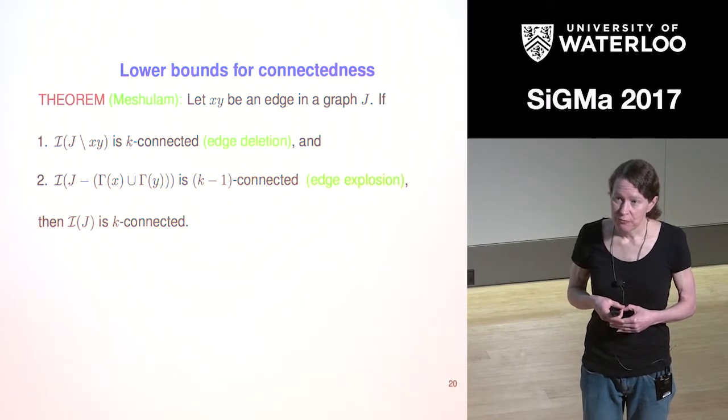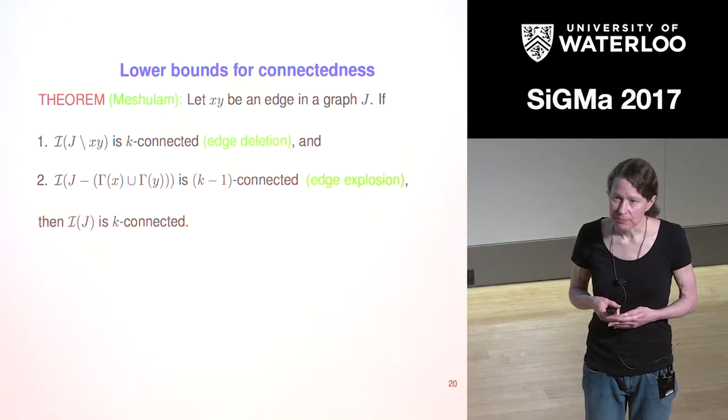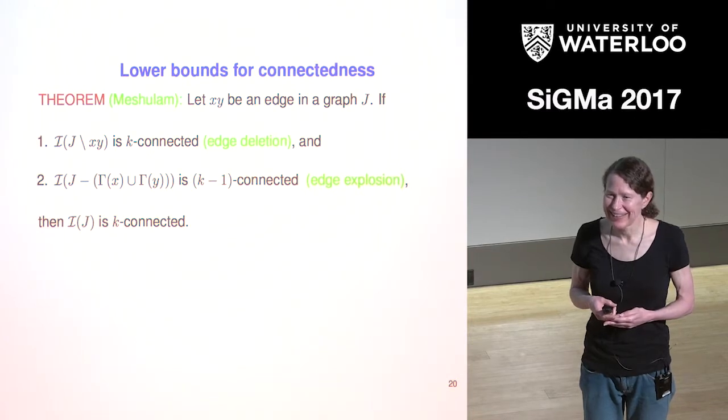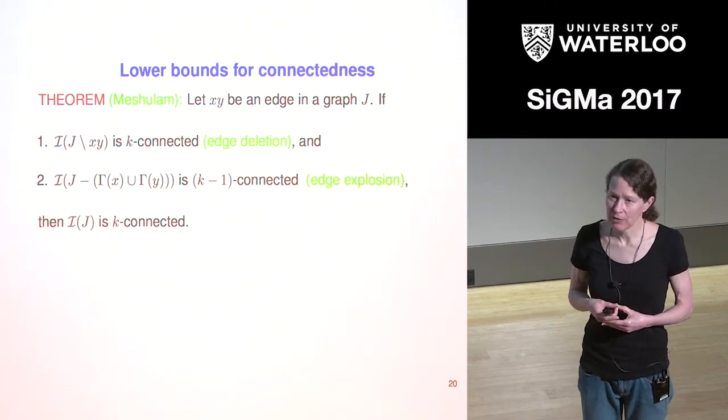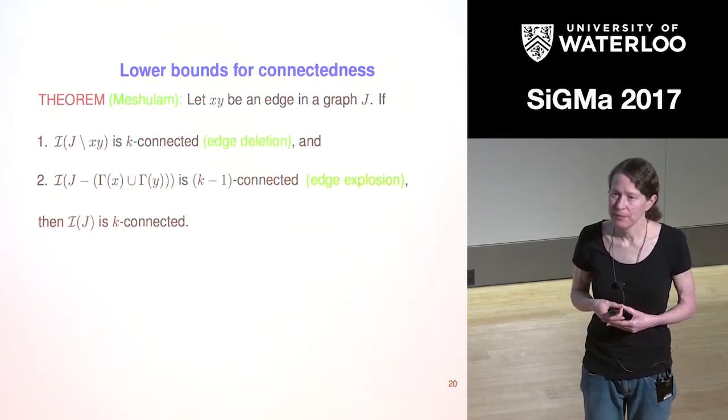Could you find it in polynomial time? Good question. Possibly, but not immediately. It might be possible in a very restricted case like that, but it would definitely be ad hoc arguments.